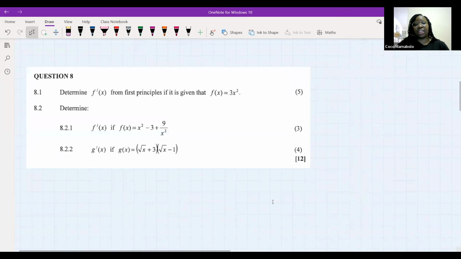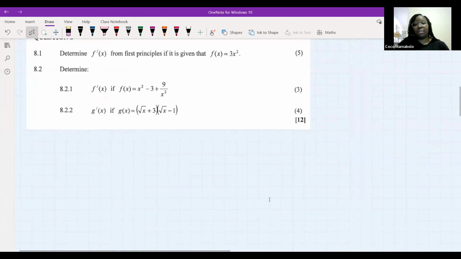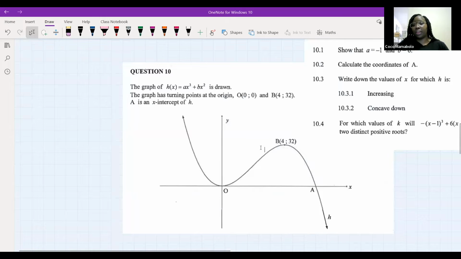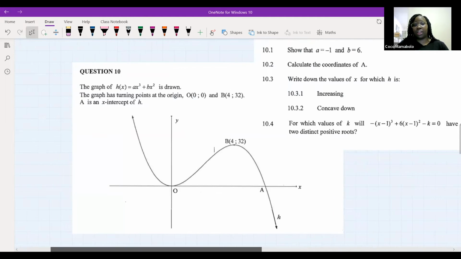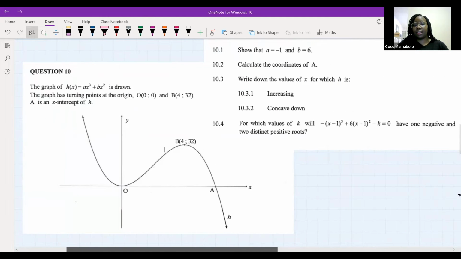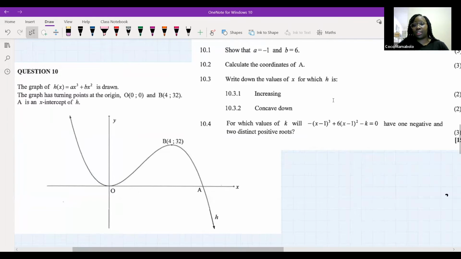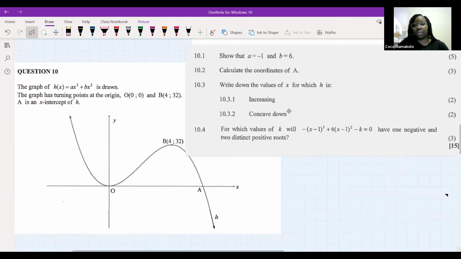All right, let's look at the next question over here. I don't want us to do this one, I feel like it's the exact same question just again. Where's question 10? All right, let's do question 10, peeps. I'm just going to move over a little bit to make sure I'm not cutting anything off.